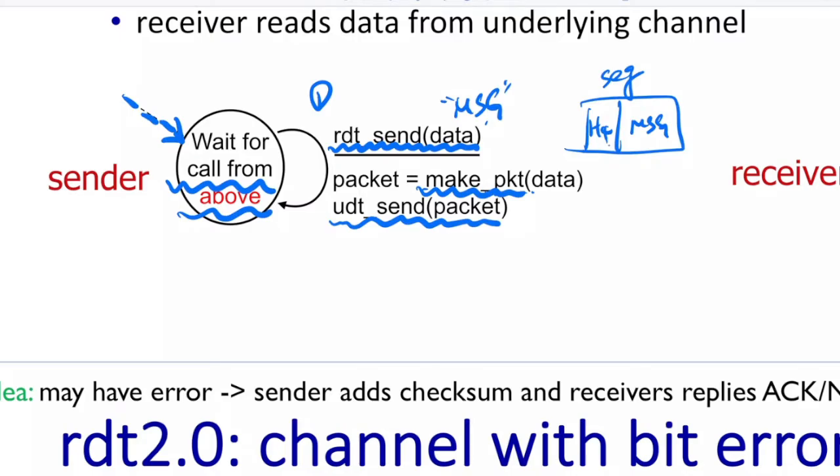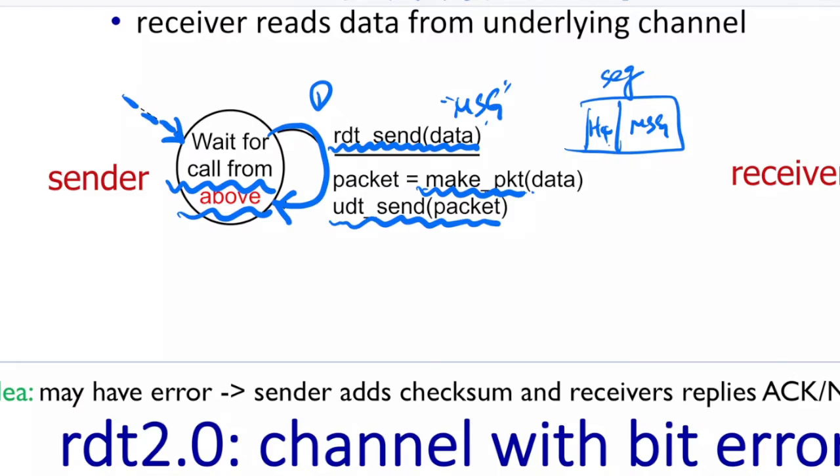That is the only thing you need to do. After we send the message down to layer 3, we go back to the initial state, stay in the current state, and wait for the next message sent from the upper layer.